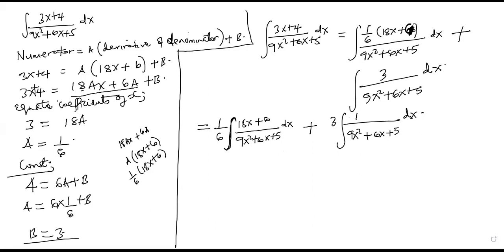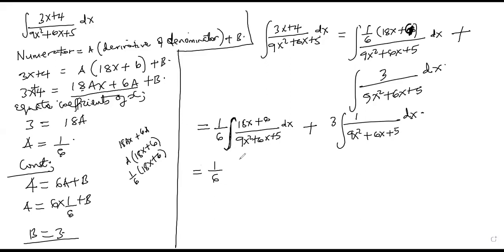Now, after getting this, this is going to be 1/6, and you can really see that when you differentiate the denominator, you get the numerator. I guess everyone is observing that.